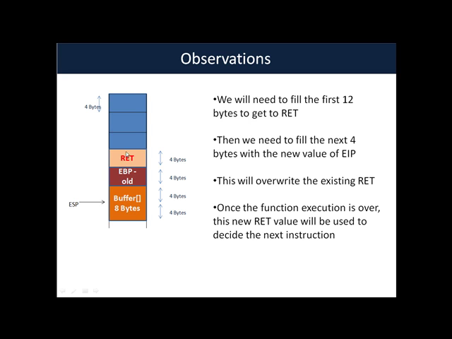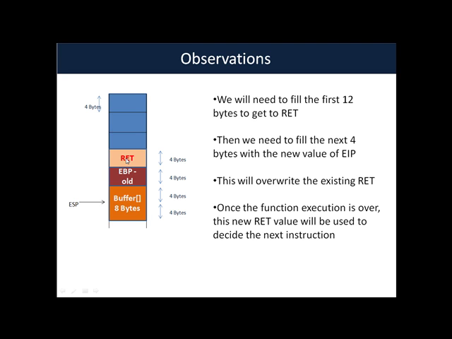Once that is done, the next 4 bytes is what is going to dictate the new value of EIP, right? If the input is large enough, it is going to override this return value. Once the function execution is over and this return value is popped off the stack, whatever we insert here is going to decide what executes next.